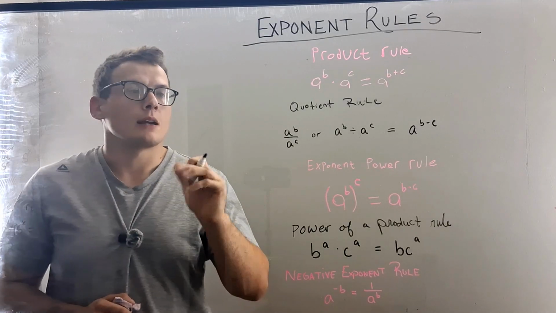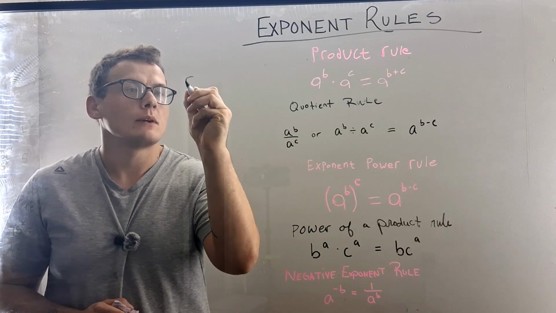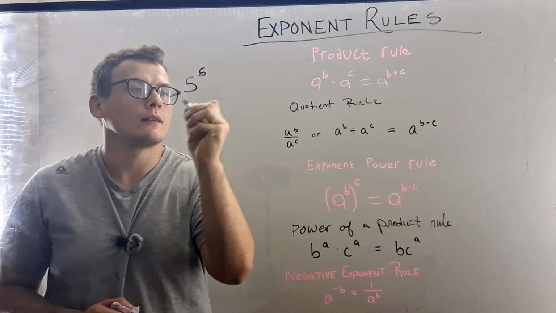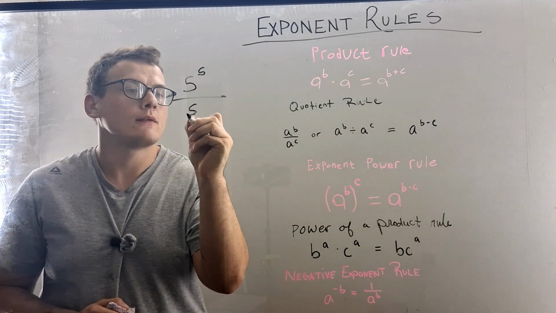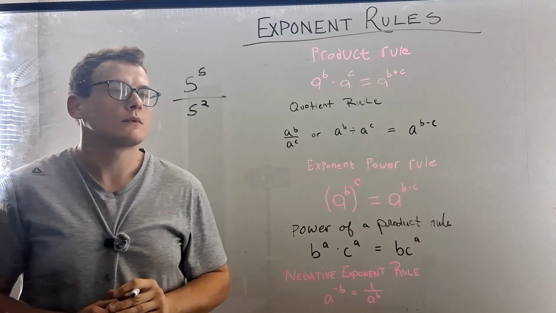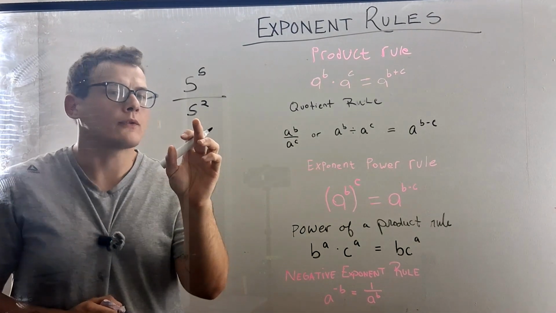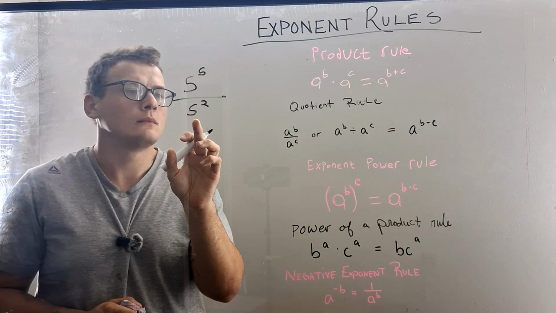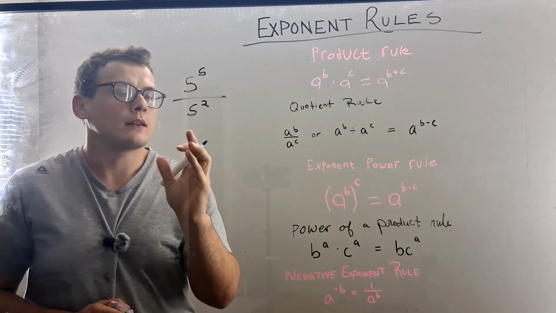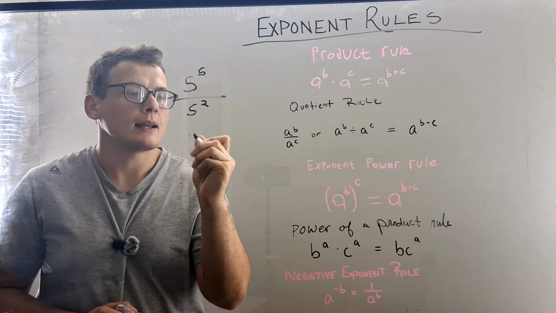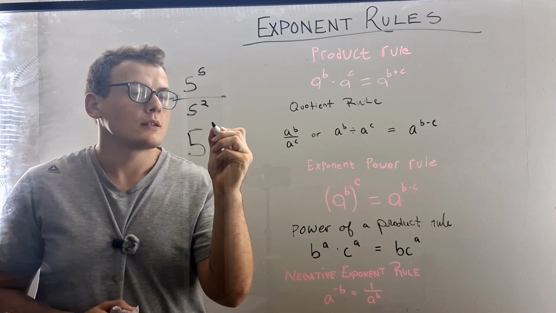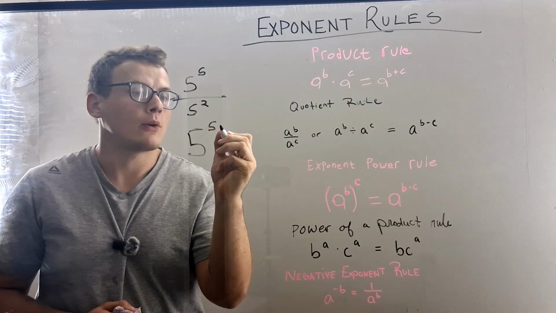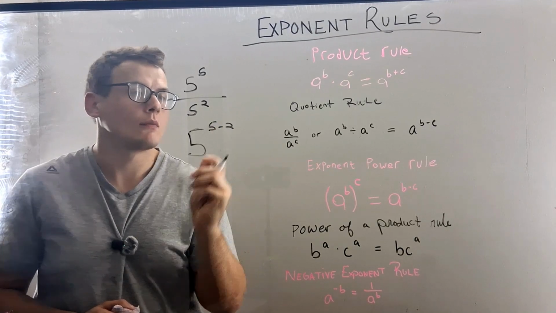So let's think about an example. What is 5 to the fifth divided by, let's say, 5 to the second? Think about that one for a second. Try it out. Okay, 5 to the fifth divided by 5 to the second is 5 to the fifth power minus 2.